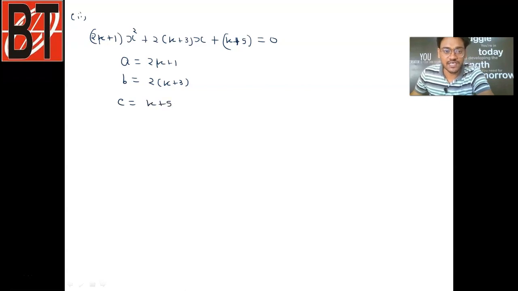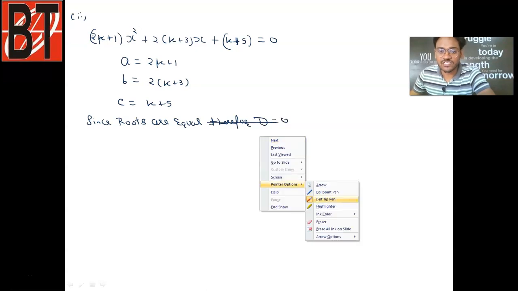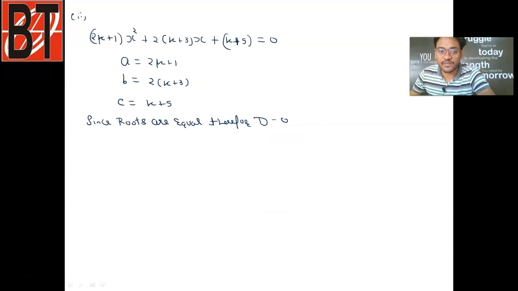Now students, here again we will calculate the discriminant and we will put the discriminant equal to 0. Okay, so let me just write, since roots are equal, therefore d is 0, therefore discriminant is 0.